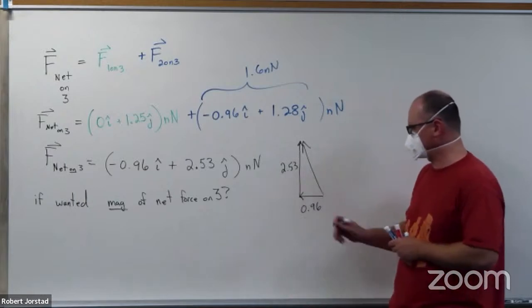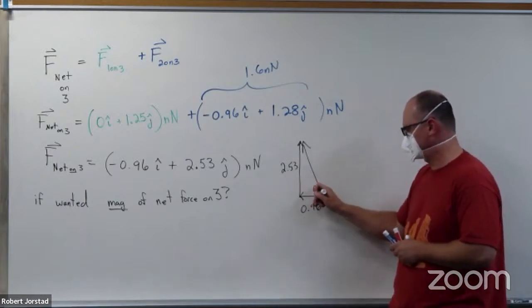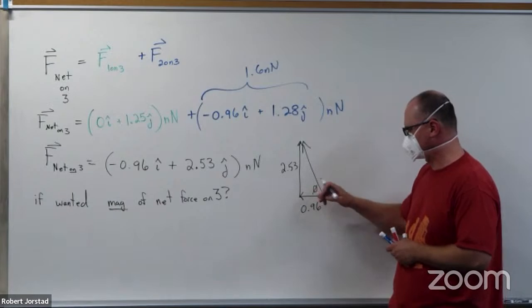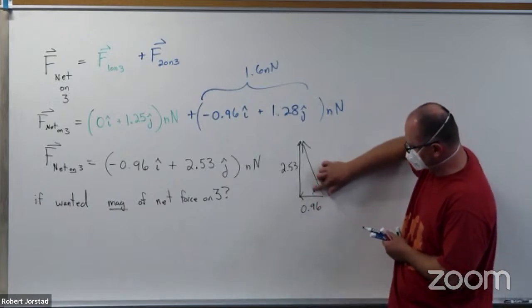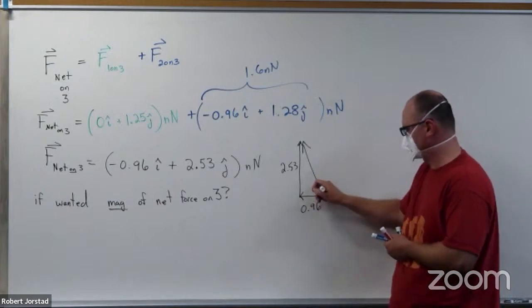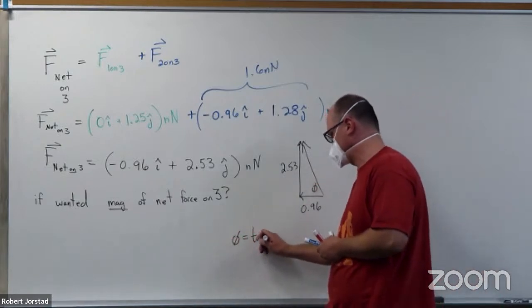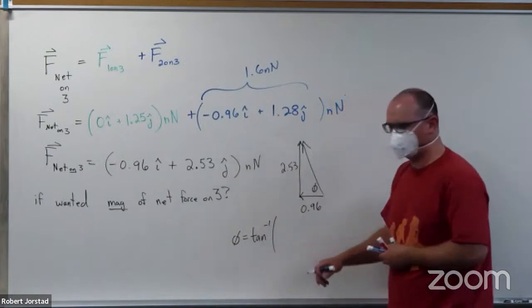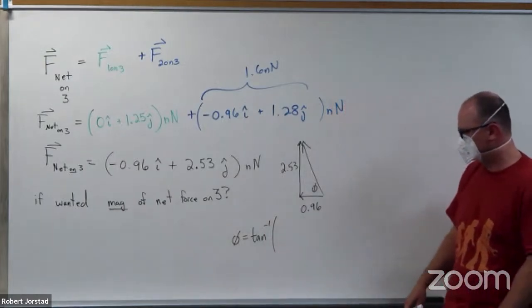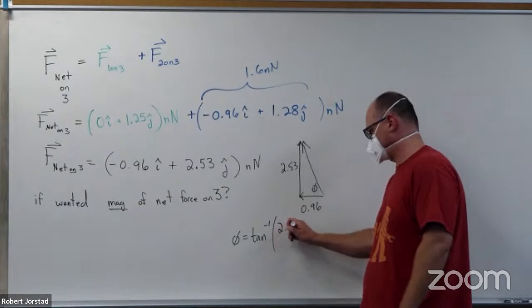Marco, what were you saying earlier? How could I get this angle phi? You got it. So Marco said it, phi was equal to tan inverse of what over what? Yep.